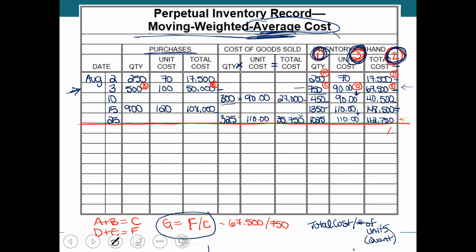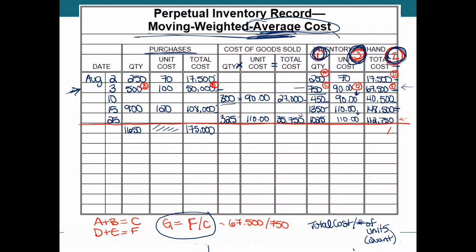And for these questions, you need to always go through and do the total of the purchases as well. So we're just adding down. We have the same amount of purchases that we did. So add that up, we get to 1,650. Total cost, $175,000. So I'm just adding each of these as I go down.